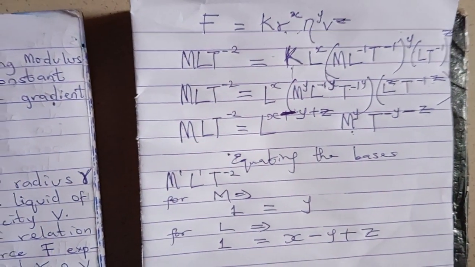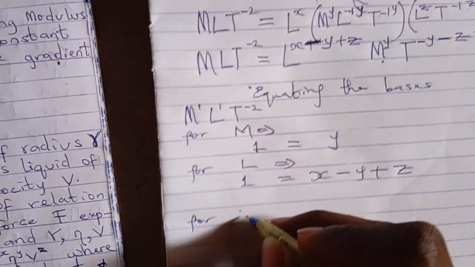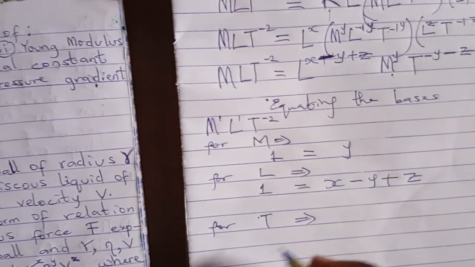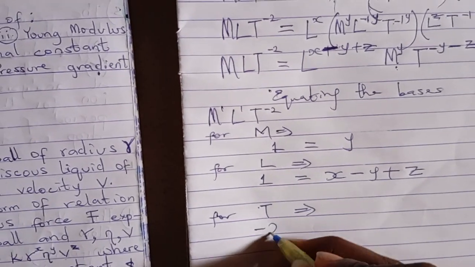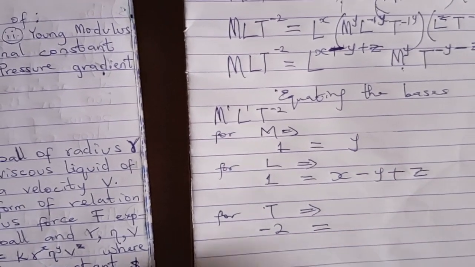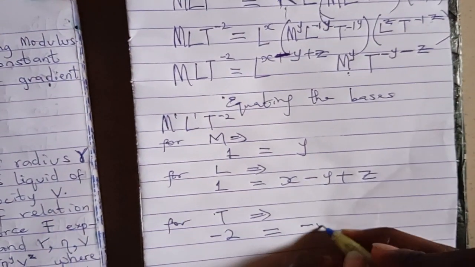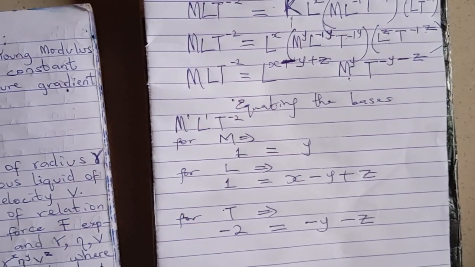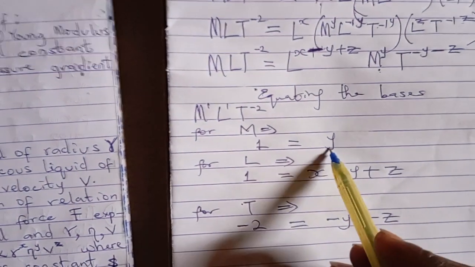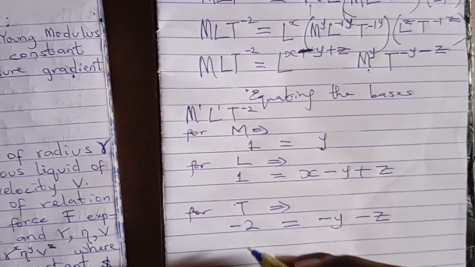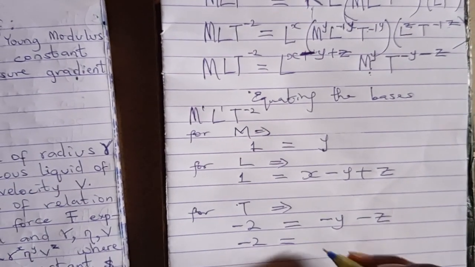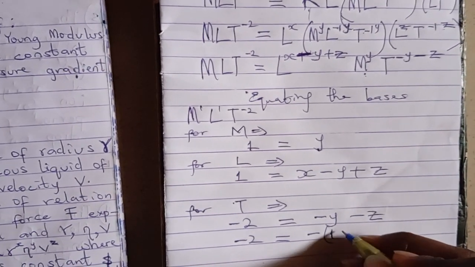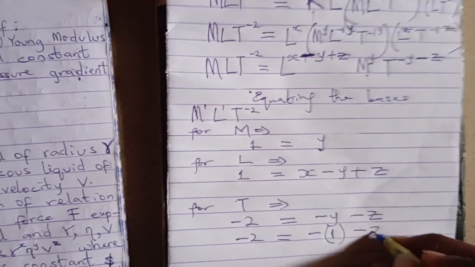For t, notice that on the left hand side we have minus 2. Right hand side we have minus y minus z. But notice that we've gotten y equals 1. So this will now be minus 2. Anywhere I see y, I replace it with 1. So minus 1 minus z.